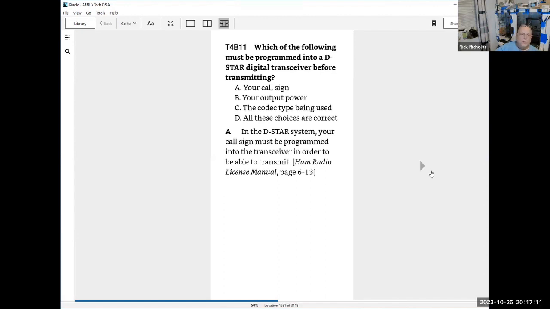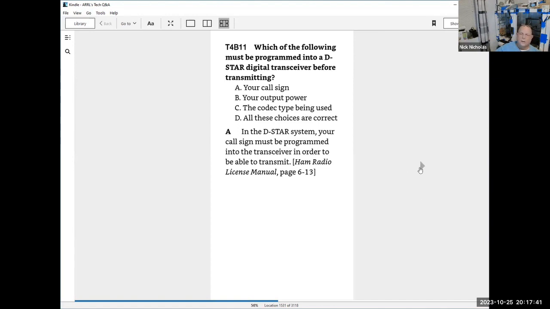That is because the law says that you must ID in the mode you're operating in, which is your voice. Even though it's digital, the digital information being sent is not your voice. It's not being sent as a voice, it's being sent as digital data along with the signal, or Morse code. And that's not either of those.